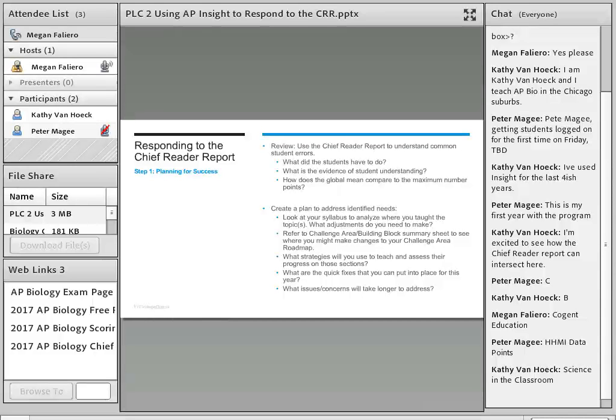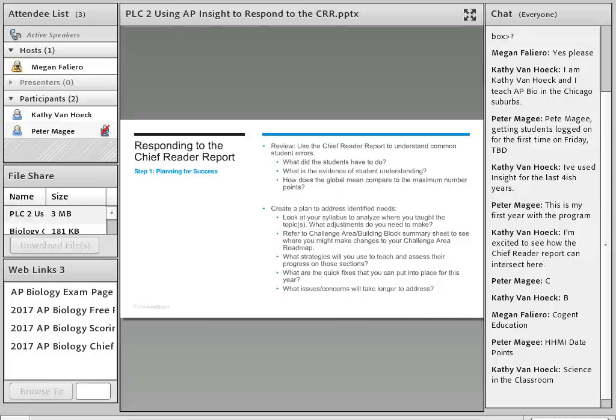Under the Assess tab, before I give any building block quiz or challenge area assessment, I look at the student success criteria and say, in order for my kids to be successful, they need to be able to do this, this, and this. What is that evidence? How will I know if they really understand it?